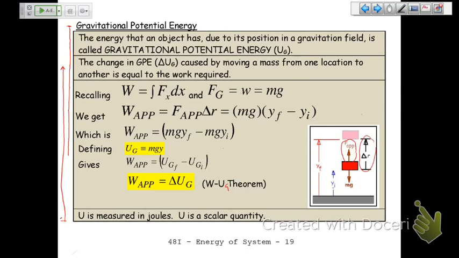So this is 0, and this is 10, and this is 20. And let's say up here was 50. We'd say that's 0, that's minus 10, that's minus 20, that's minus 50.